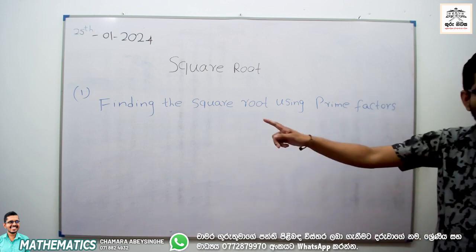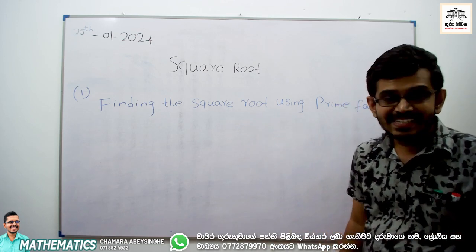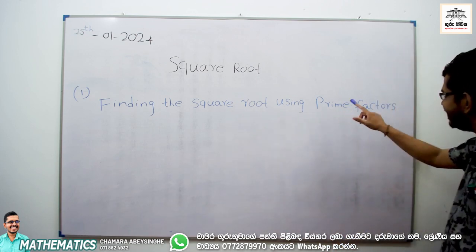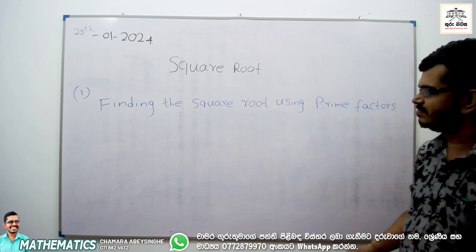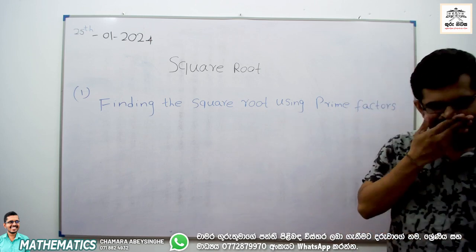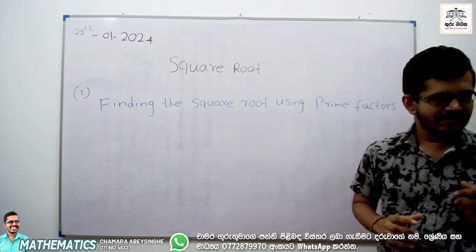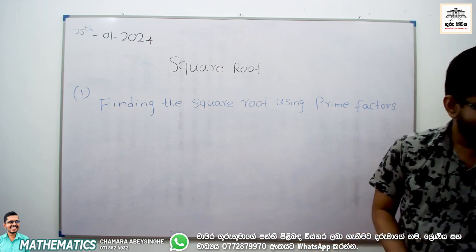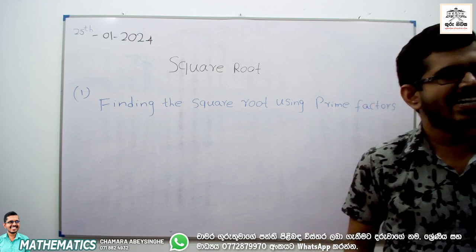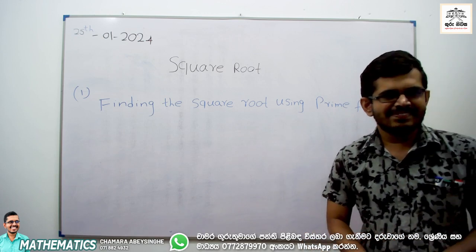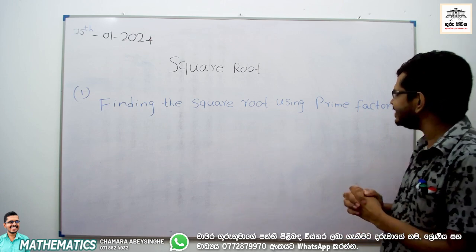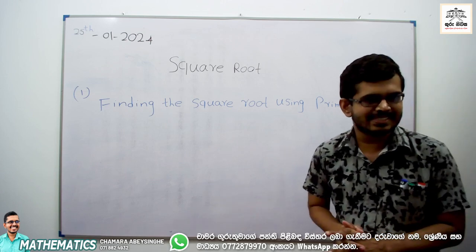Okay, students, write down this one. Our first method, finding the square root using prime factors. Then let's continue from here. Half a page is enough. Finding the square root using prime factors.